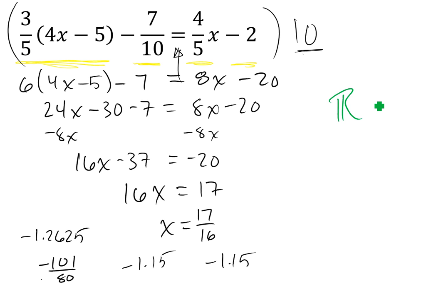If we see an identity, remember all real values work. The other thing that you sometimes get is a contradiction. So if you're solving an equation, you get something like 3 is equal to 5, for example. As soon as you see that, you know that the solution is the empty set, because it's never the case that 3 is the same thing as 5. So be aware of that. When you're solving equations, all real values could work, or there could be no solution.